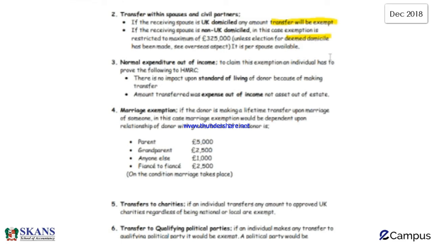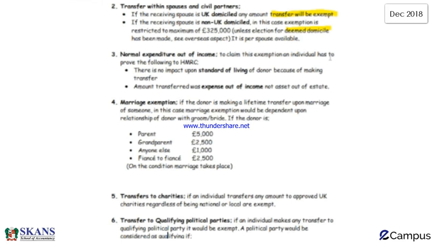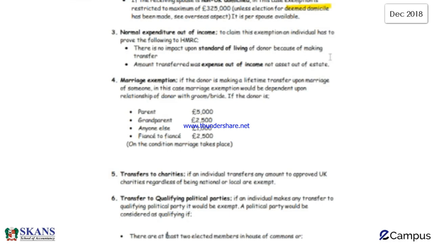Next exemption will be normal expenditure out of income. This exemption would be applicable upon any transfer of value either to a trust or to an individual.